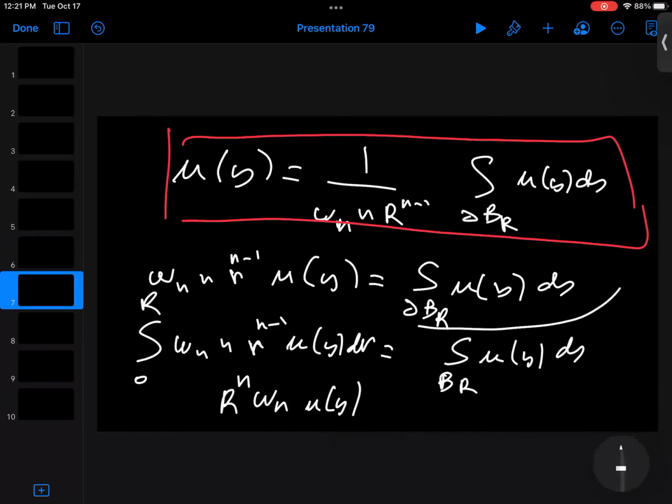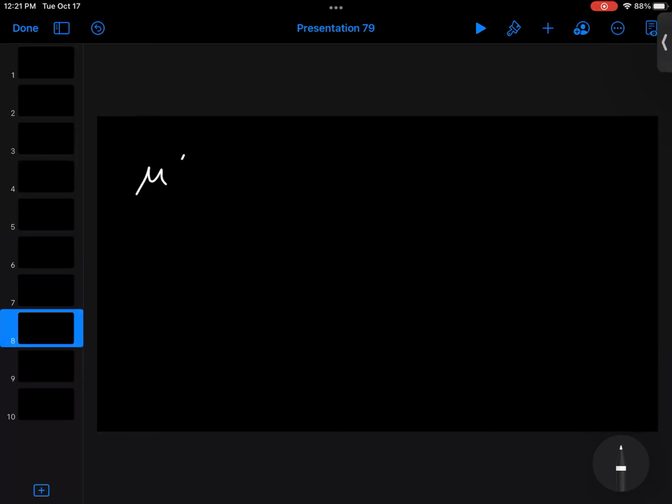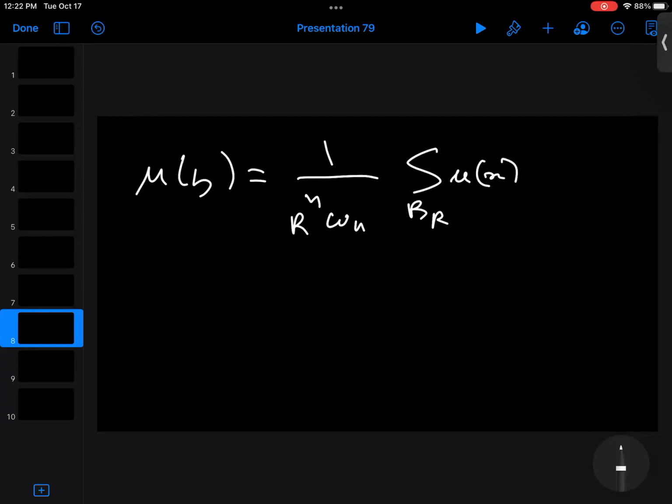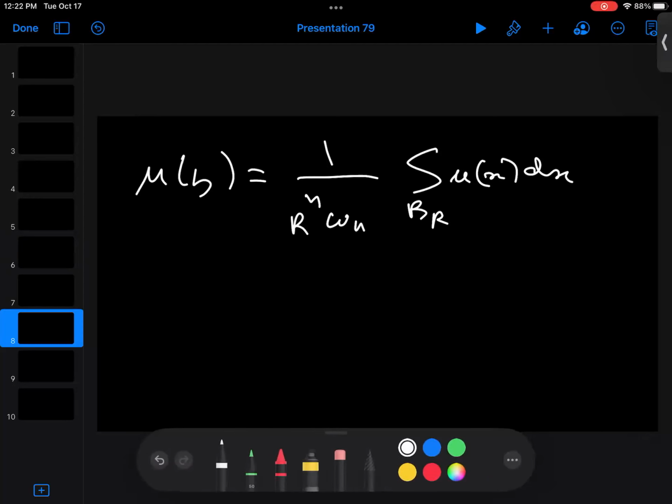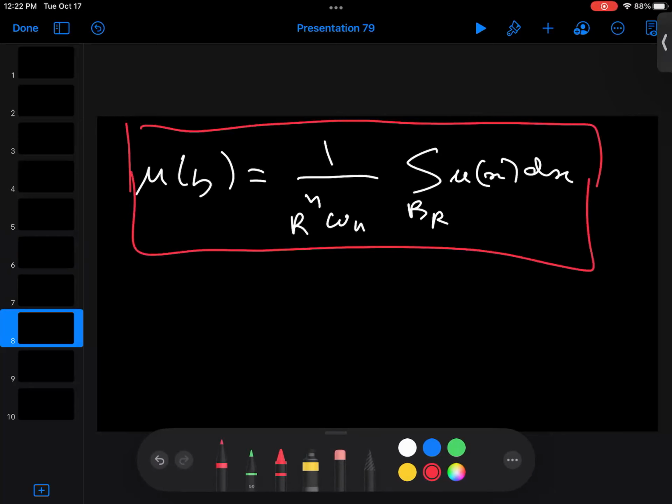So finally, what I obtain is that u(y) equals 1 divided by r to the n omega n, the integral over the ball of u(x) dx. All right, so now the theorem is proved.